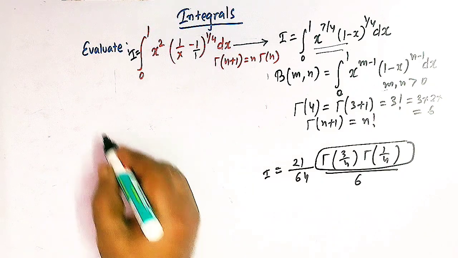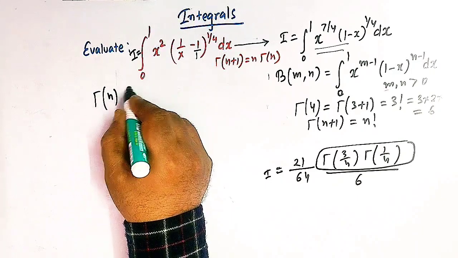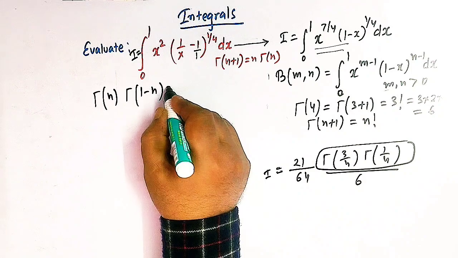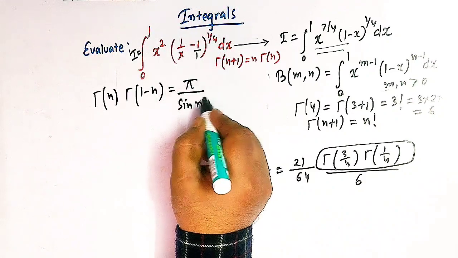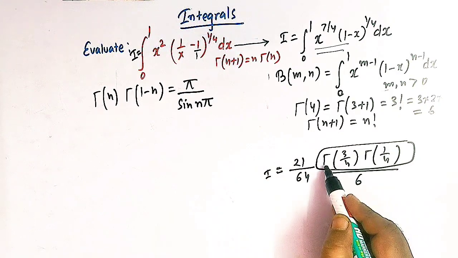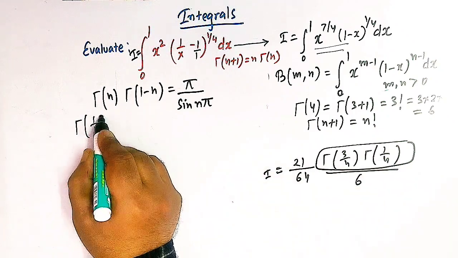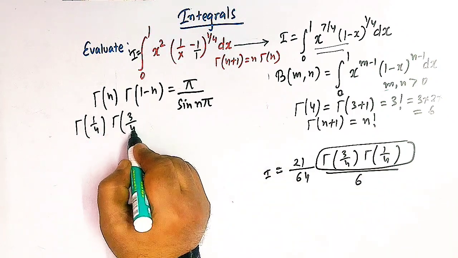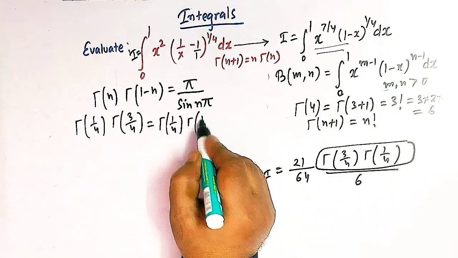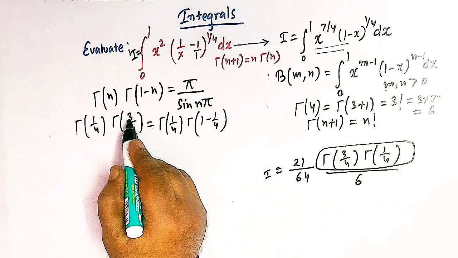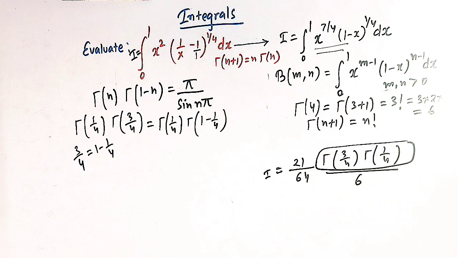Euler's reflection formula states that gamma of n times gamma of 1 minus n is given by pi divided by sine n pi, right? And we can now write gamma of 1 by 4 and gamma of 3 by 4 as gamma of 1 by 4, and here we have gamma of 1 minus 1 by 4, because 3 by 4 can be written as 1 minus 1 over 4.